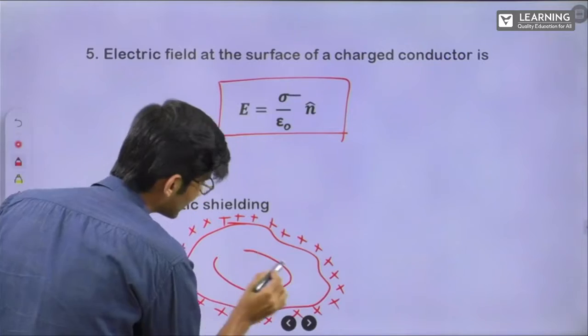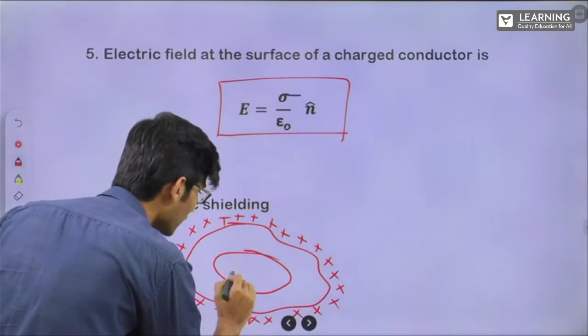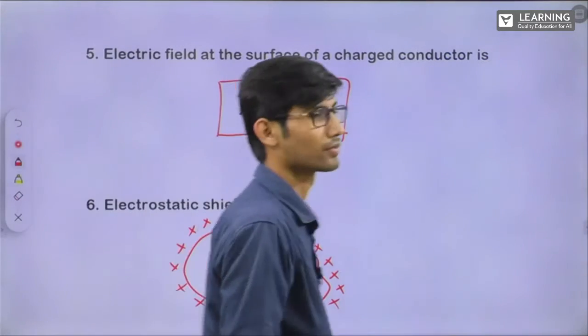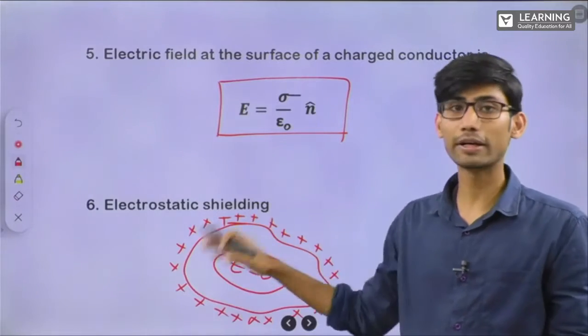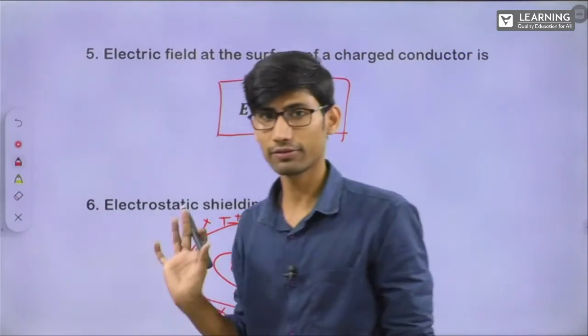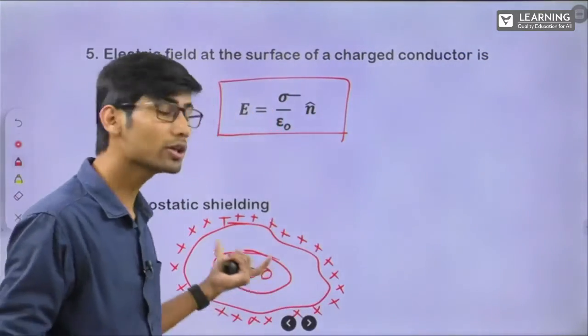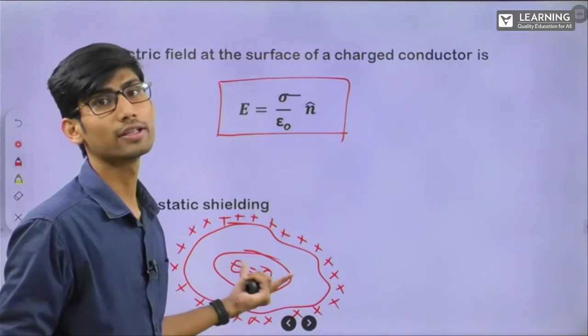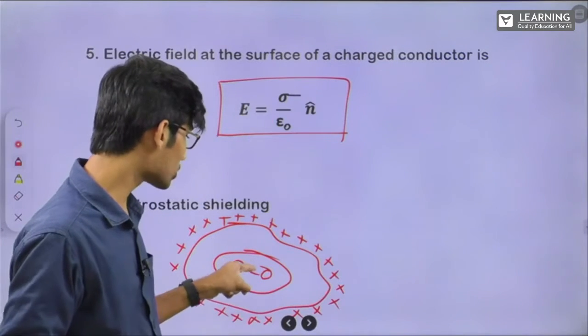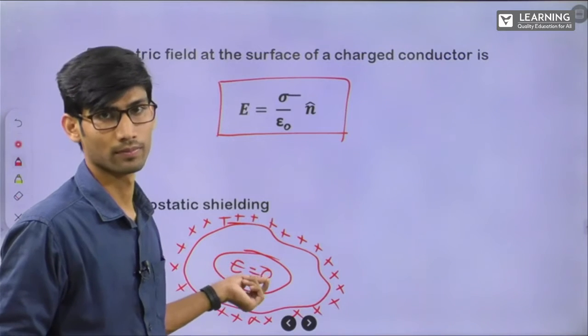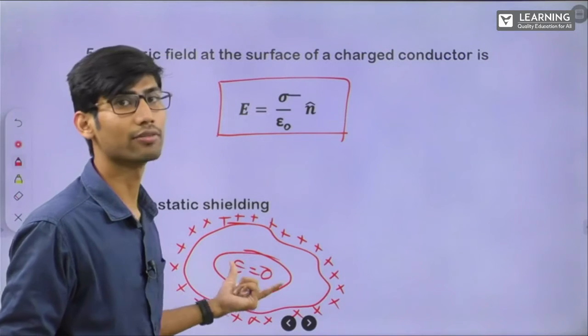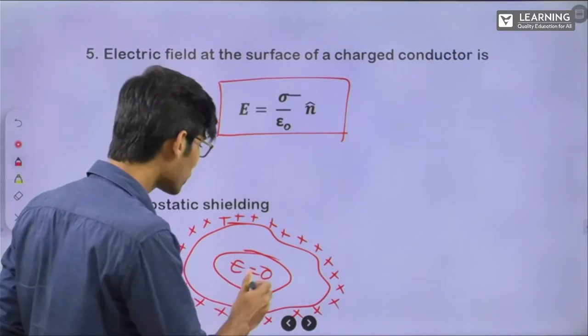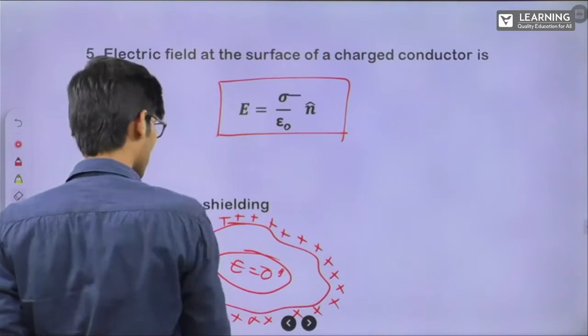If there is a cavity inside, the electric field inside this cavity will be zero. We know that if it was a complete conductor without a cavity, the electric field will be zero inside. But even if there is a cavity, the electric field inside will be zero, given that there is no charge inside this cavity. We have not put any Q inside this. That is not the case, okay?